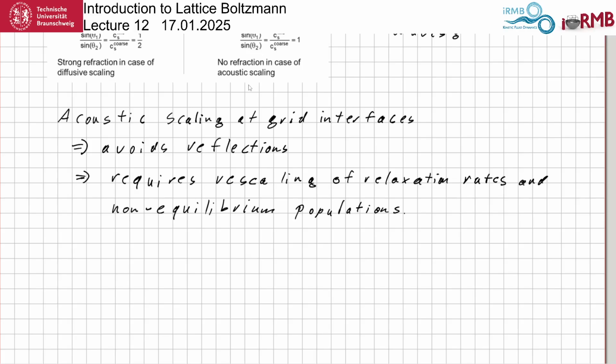Yes. If we used diffusive scaling in grid refinement, then we could keep the relaxation rates constant. But one consequence of diffusive scaling, and I give you this as homework to think about, is that when we double the resolution, we will have to quadruple the time step.